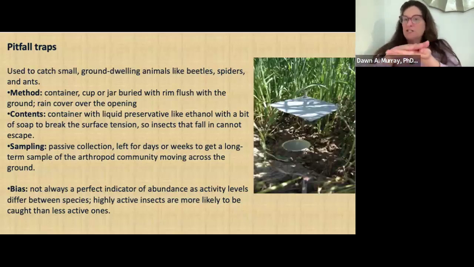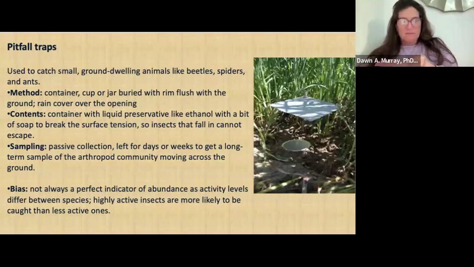You're getting creatures moving through on the ground in this habitat. You can put some sort of liquid preservative in the container, like ethanol with some soap. You could also just put in Dawn dishwashing soap to break the surface tension so that the insects, once they fall in, can't escape.